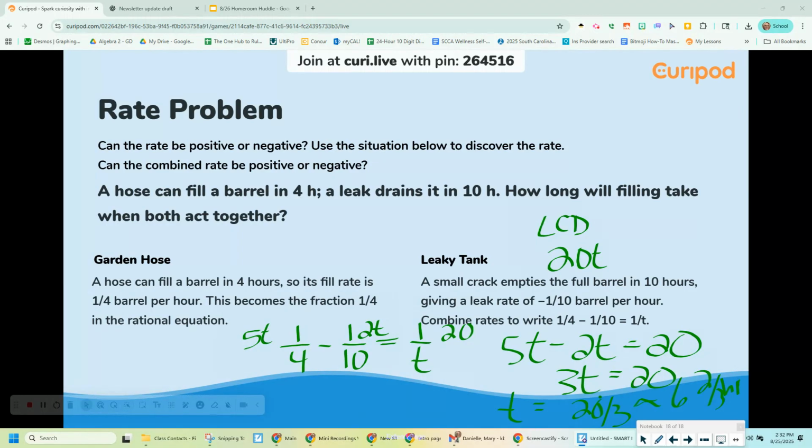That is how long it's going to take me to fill that barrel when they're both working together. So if I'm filling a barrel that has a leak, it's going to take 6 2/3 hours to fill it. So 6 hours and 40 minutes.